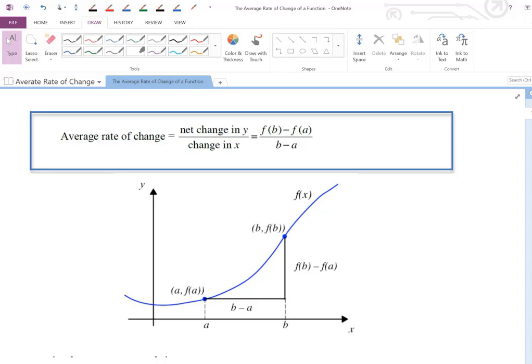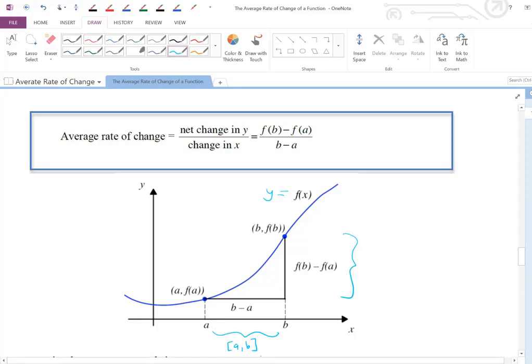And if the function happens to be called y equals f of x, which it is in this diagram, then the corresponding output change on the interval from a to b, arbitrary values of x, will be the difference in the outputs, f of b minus f of a, respectively. The corresponding input change in the x direction is the difference of b minus a.